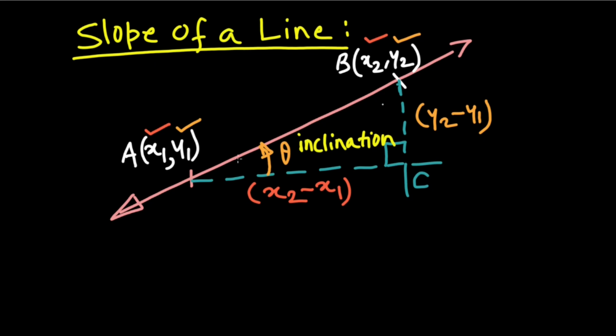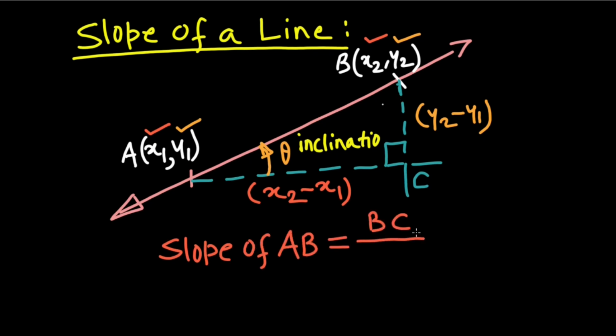In right triangle BCA, slope of line AB is defined as BC by AC. But BC by AC is nothing but tan of inclination theta, that is tan theta.